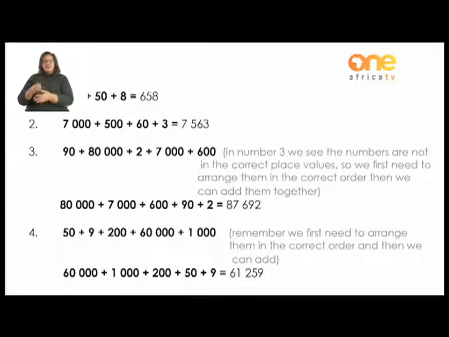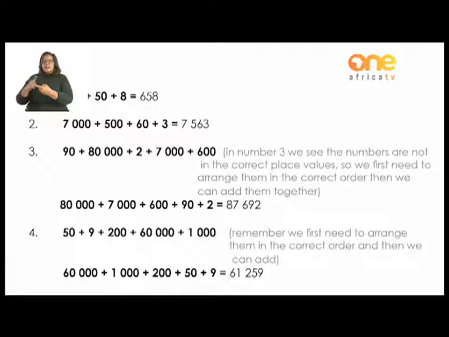So what we need to do first is arrange them in the correct order, and then we can add them together. So we're going to arrange them from the biggest number to the smallest. Our first big number is 80,000 plus 7,000 plus 600 plus 90 plus 2.